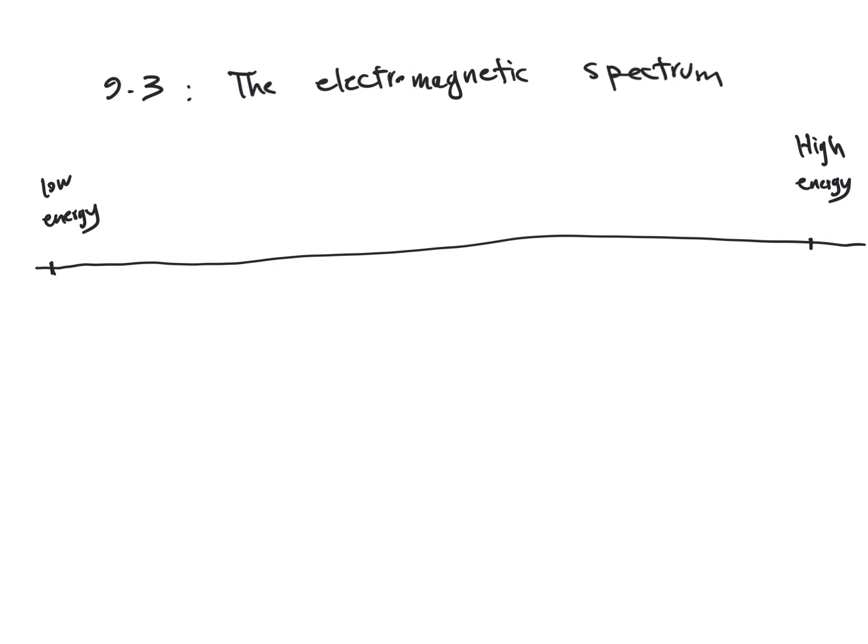To give you an idea, the high energy end starts at around 10 to the minus 16 meter, and we call them gamma rays. And the lowest energy belongs to 10 to the power of 6.